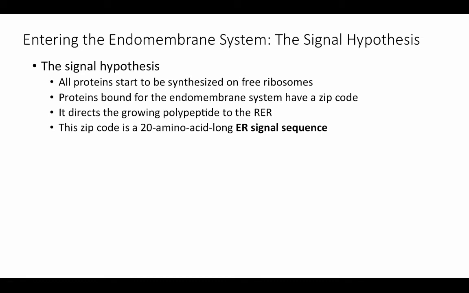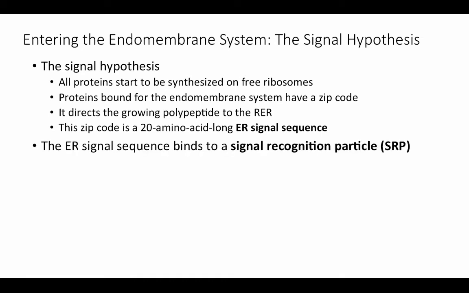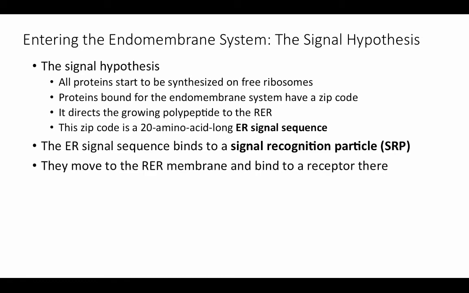So that is the sequence that indicates that that particular protein needs to be taken to the endoplasmic reticulum. So then the ER signal sequence binds to a signal recognition particle, or SRP, and those two together move to the rough ER membrane and bind to a receptor there. So this is what's going to actually connect the ribosome with the growing polypeptide to the endoplasmic reticulum.